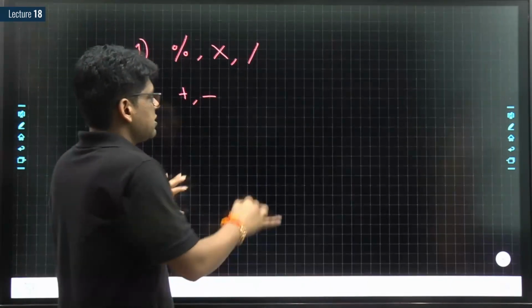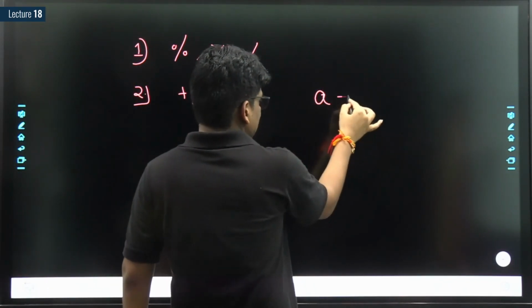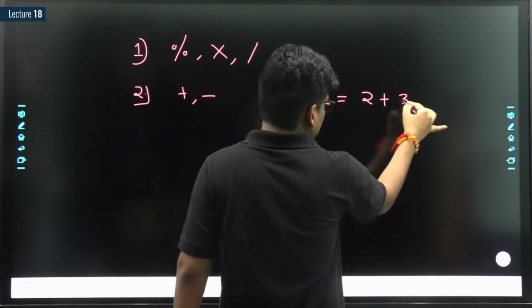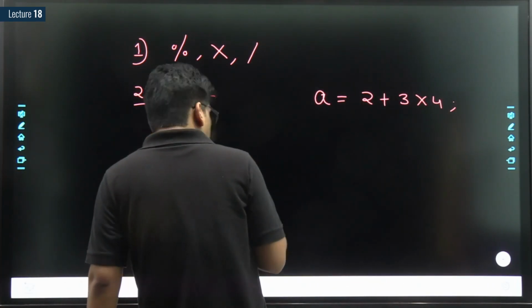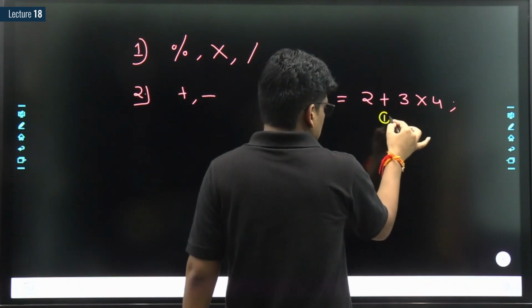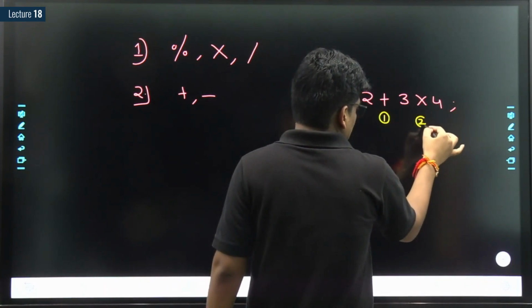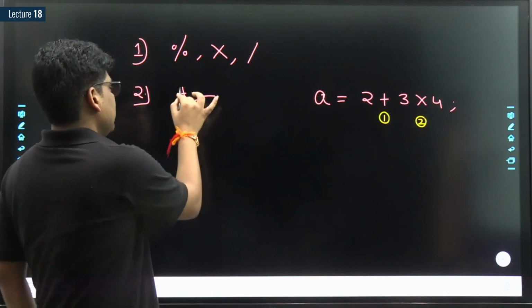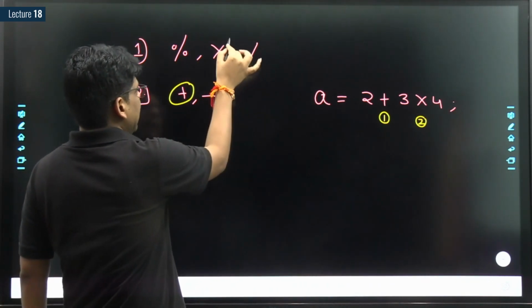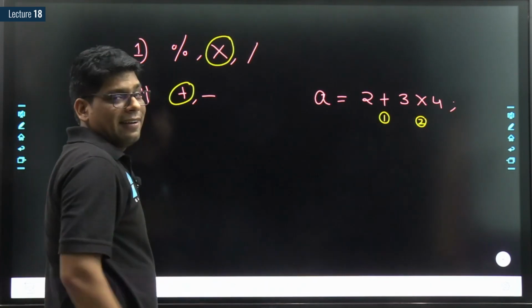That means, if I say 2 plus 3 into 4, sir, we have two operators. First one is plus and second one is multiply. Sir, which one to perform? See, plus is at second priority, multiply is at a higher priority.